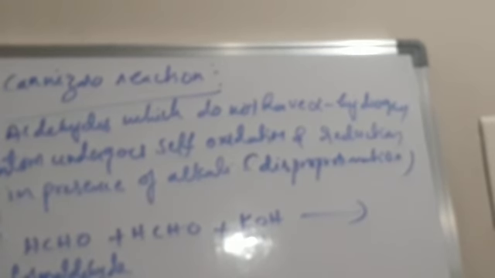So we get methyl alcohol, reduction takes place. And it is oxidized to salt of carboxylic acid. Okay. So potassium formate, we get methyl alcohol and potassium formate. So this is methyl alcohol and this is potassium formate.